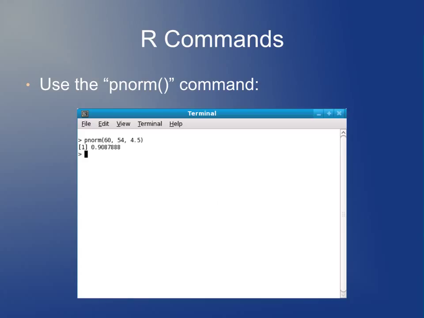The command in R is called pnorm. I'll explain this in more detail on the next slide. But pnorm says the probability of being less than 60 in a normal distribution with mean 54 and standard deviation 4.5. In this case, it's about 90.9%.